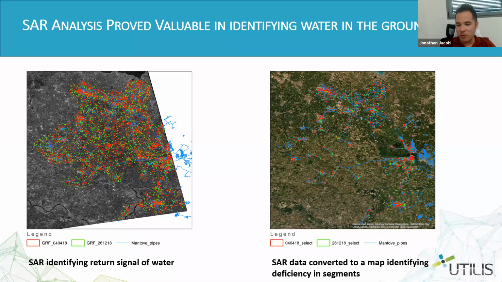And then we put it onto a map correlating with the customer's pipes, though it's not needed because we know that the majority of the pipes run under the roads, but it is more efficient to use it in correlation with their pipe network.